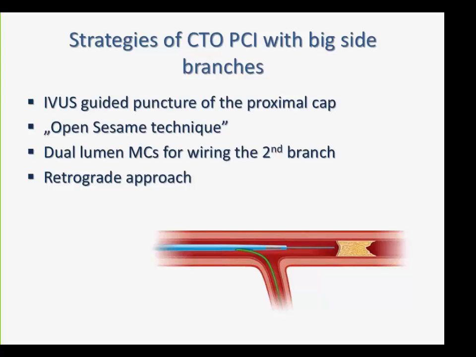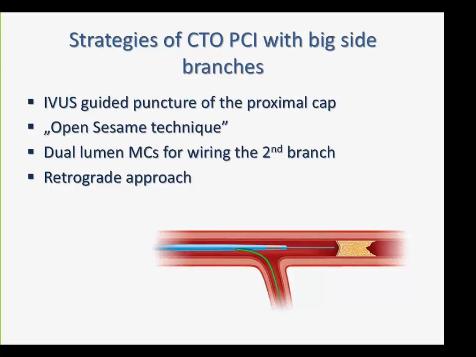More and more use of the dual lumen microcatheters is seen in CTO revascularization generally, but especially if there is an important side branch in the CTO or around the CTO.